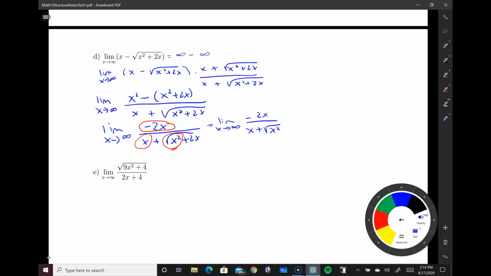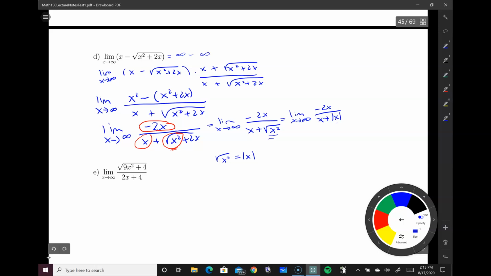Okay, so I have to do something with this, and I did mention something, I think first day of class, the fact that you need to know that this is equal to this. So let's replace that. Limit as x goes to infinity, negative 2x over x plus absolute value of x. Okay, also on the first day of class, I talked about this definition of absolute value.